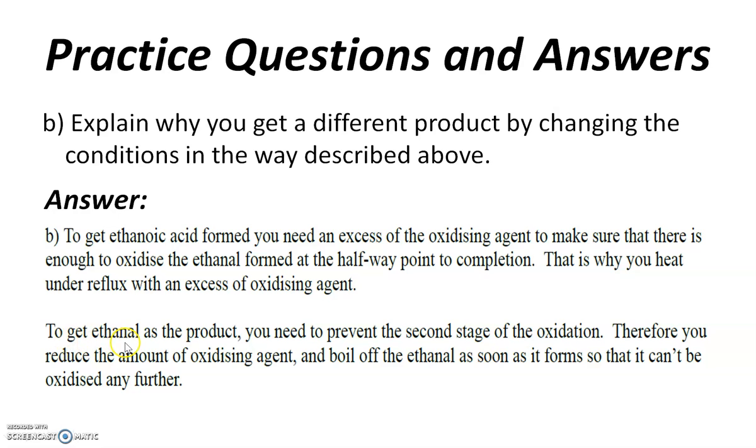To get ethanal as the product, you need to prevent the second stage. So we will use a very small amount of oxidizing agent and more amount of ethanol, and boil off ethanal as soon as it forms so that it can't be oxidized any further.